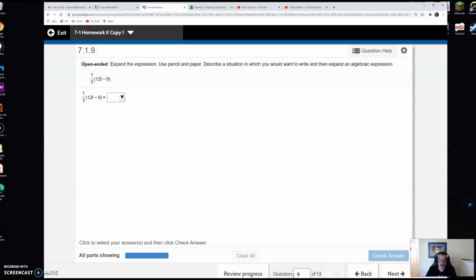All right. Number 9 says expand the expression. So again, when they say expand the expression, that word expand means distribute, the distributive property. And notice this time they give us an ugly fraction. Don't let the fraction mess you up.